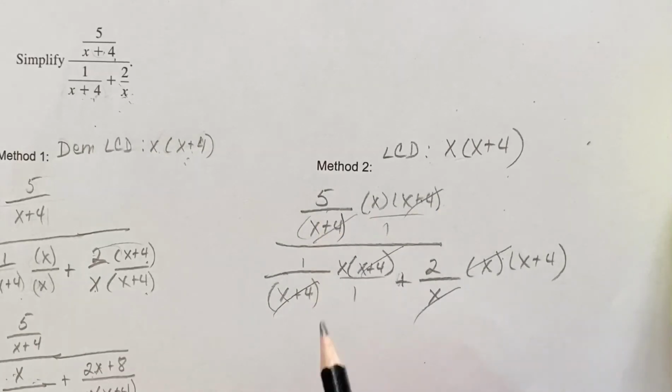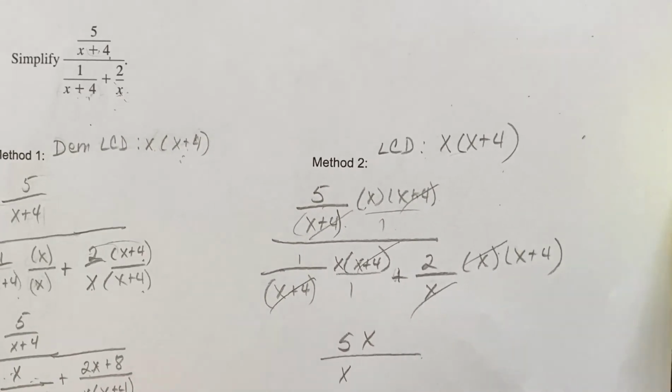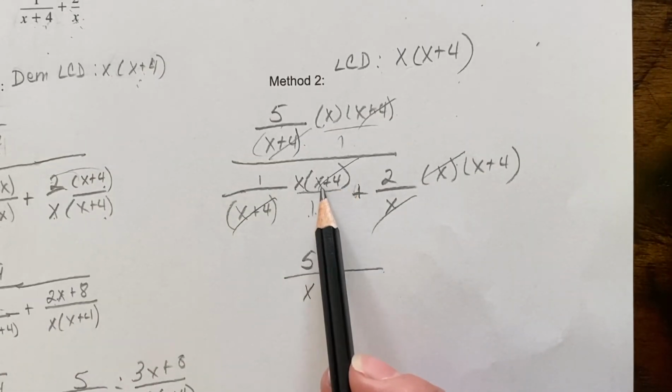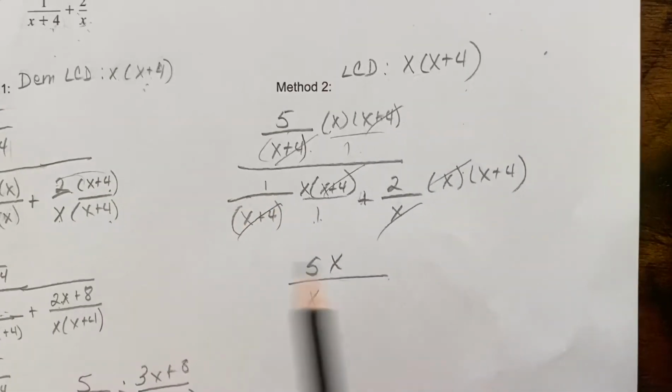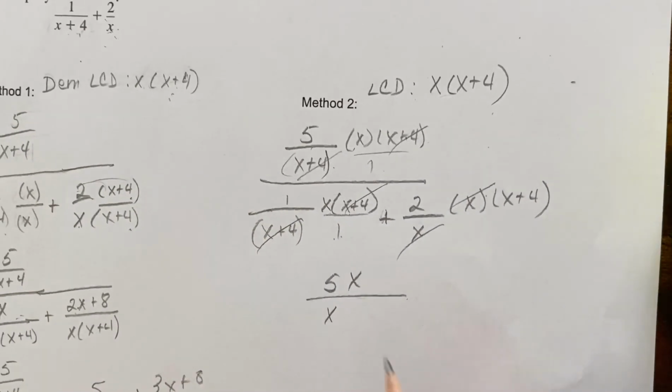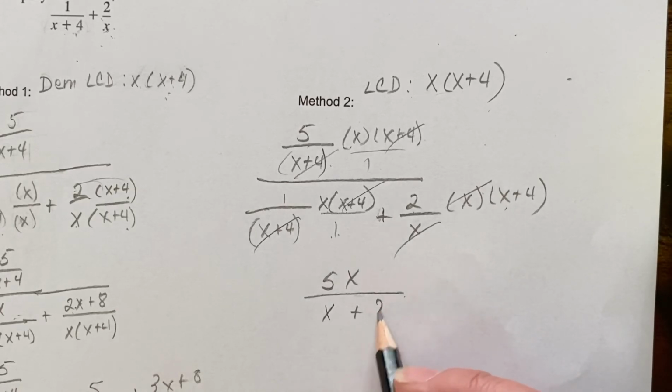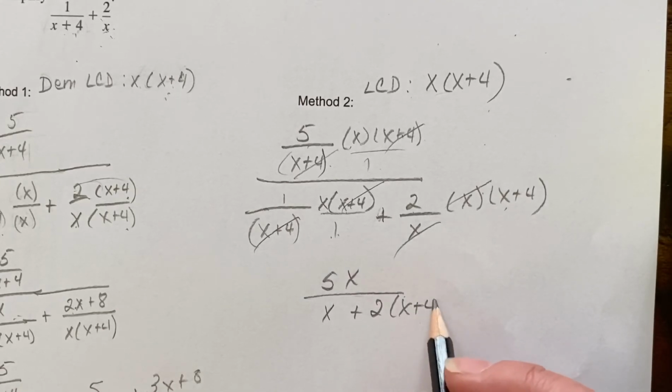So here, 5x is left on top. This is a 1 on the bottom times 1, so you can leave that off. Right here, I get an x on top. Again, it's a 1 on the denominator, so I don't need it. So I'm going to leave that off. And then over here, we get 2 times x plus 4.